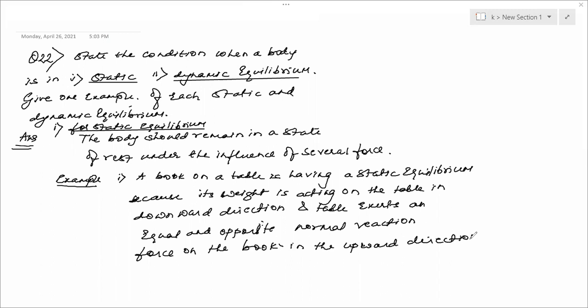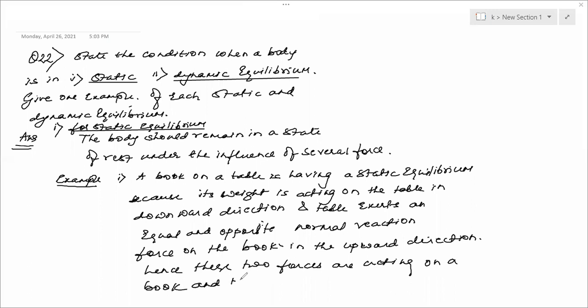Hence, these two forces are acting on the book and the book remains in a state of rest. So you can clearly see why it's static.